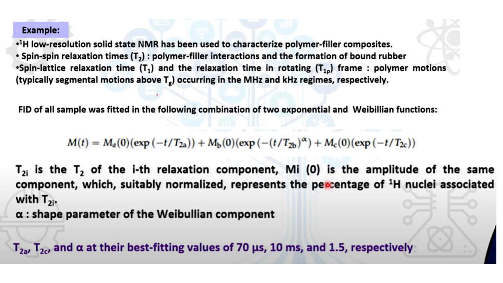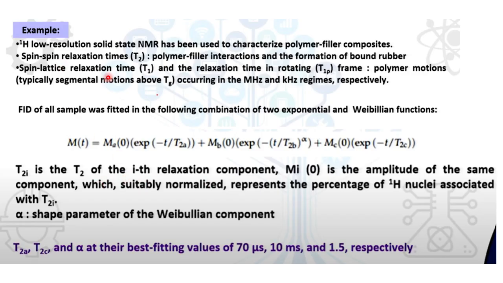So T2 is the T2i. Here is the equation that is actually required to measure. Mt is Ma0 exponential minus t by T2a plus Mb0 exponential minus t by T2b to the power alpha plus Mc0 exponential minus t by T2c. Now what is T2i? It is T2 of the ith relaxation component.